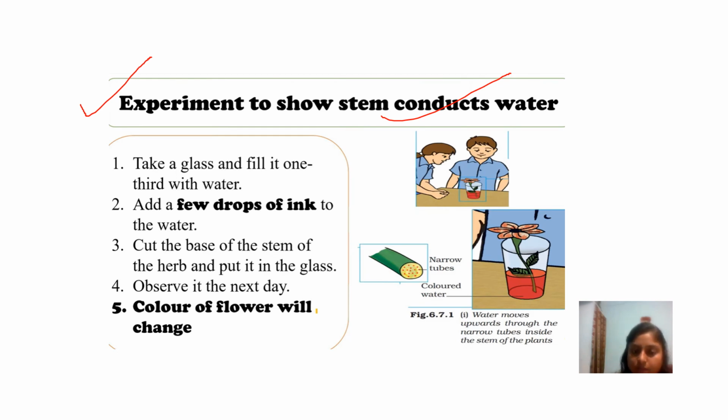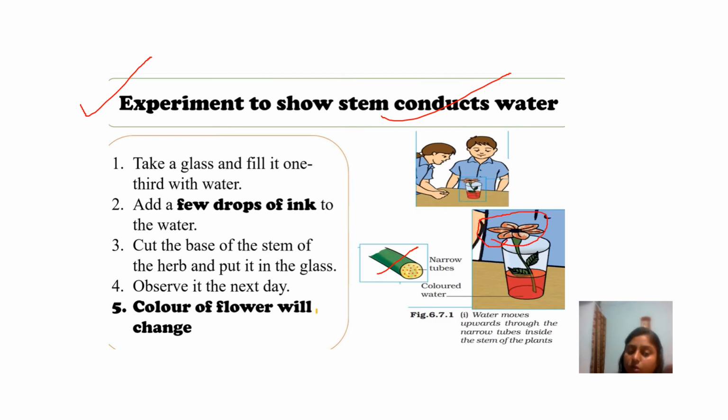See, like this, a narrow tube is there. Then you put the flower into the glass with the ink. Then you see next day what happened: the color of the flower will change. See in this picture.